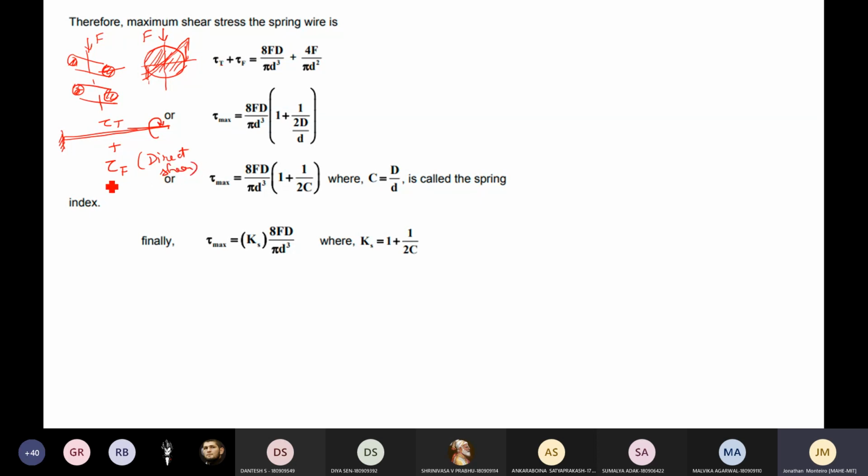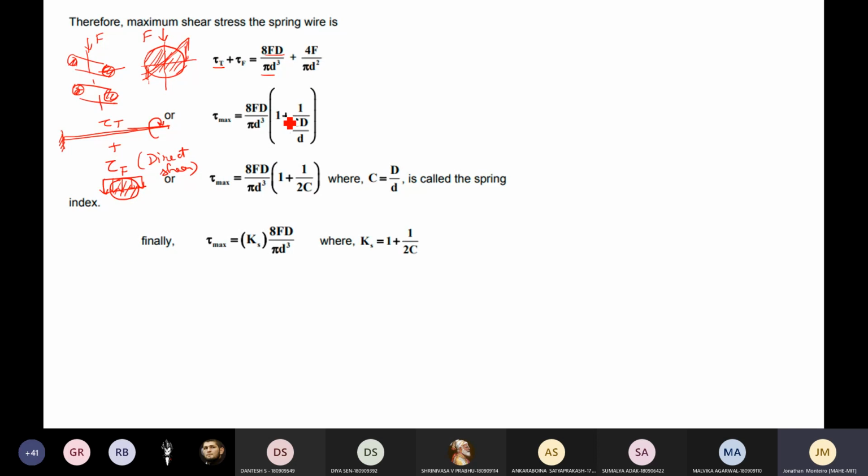I think I showed you the direct shear component by graph in one of the classes, class 1 or class 2, I am not very sure, but I definitely remember putting up these graphs. So tau T is torsional shear stress and tau F is direct shear. Torsional shear stress is 8Fd by pi d cube, and tau F is 4F by pi d square.